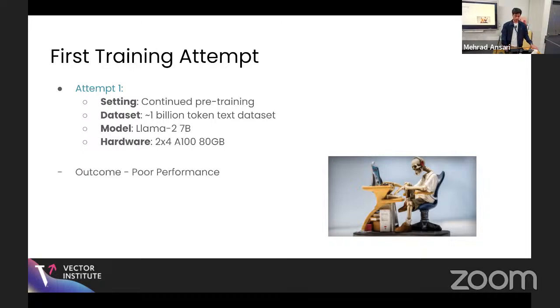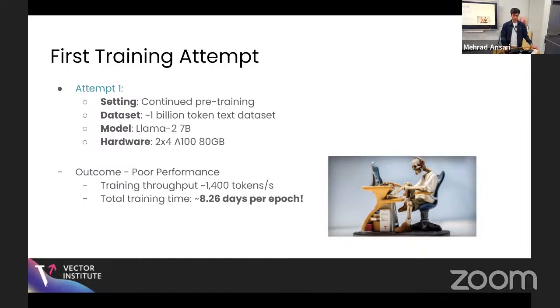The outcome was super poor performance. Throughput in this case refers to the number of tokens we compute for the forward and backward pass in a given second. We were only going over about 1,400 tokens per second over 100 GPUs. So this is super slow. Just to process a billion token text data set, it took us over 8 days for that one epoch.